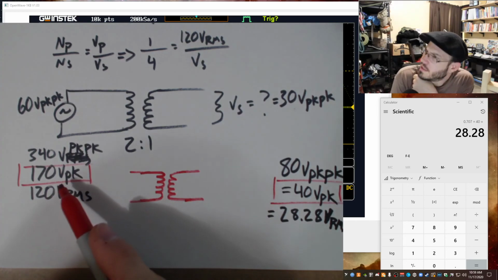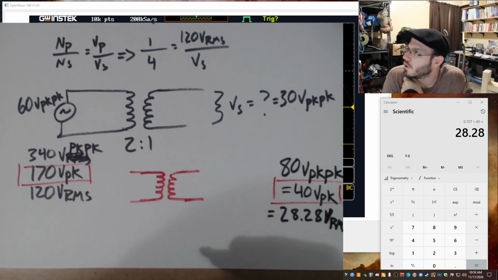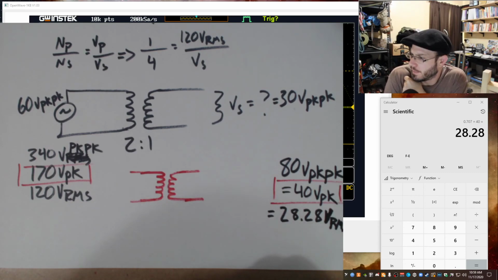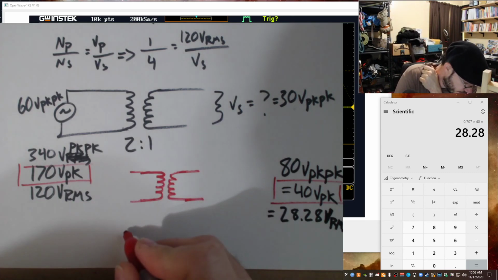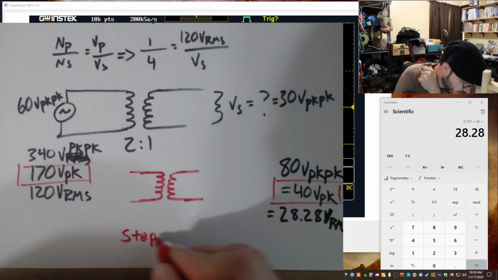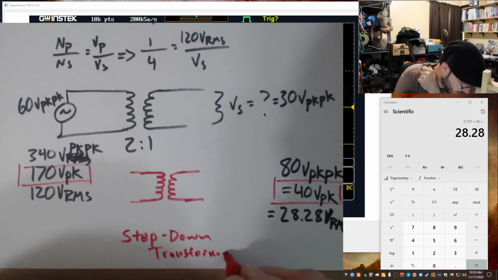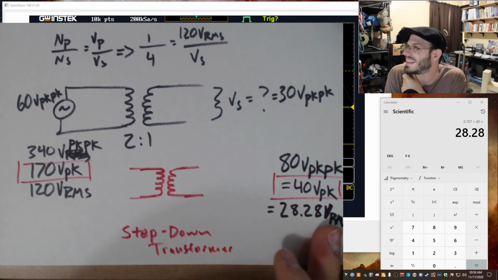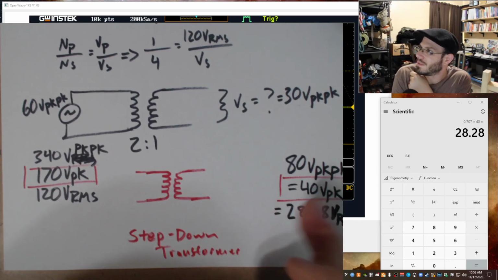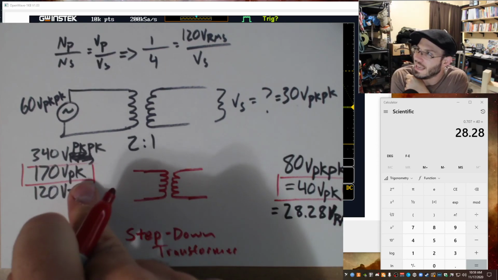Okay, 170 volts peak input, 40 volts peak output. Is this a step down or step up? It is a step down transformer because I'm getting less voltage out than I'm putting in.